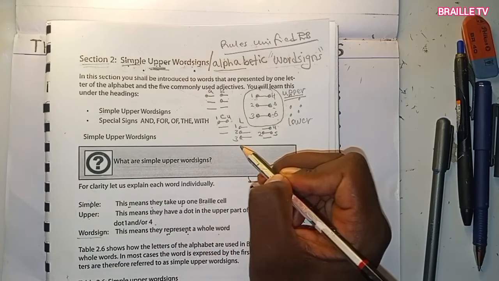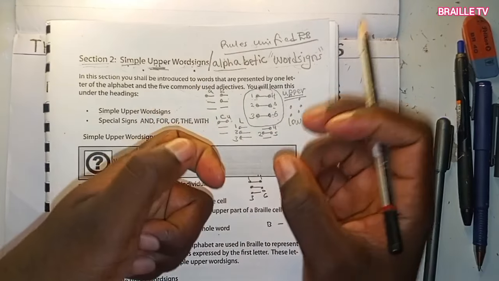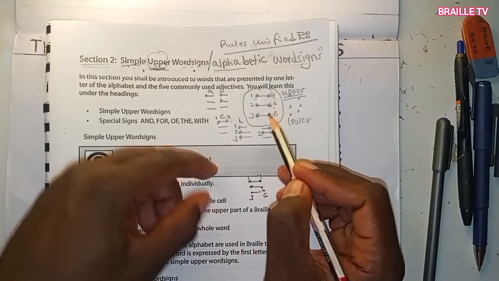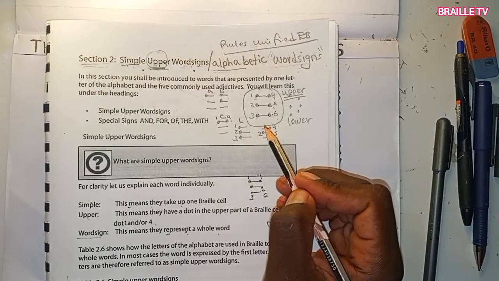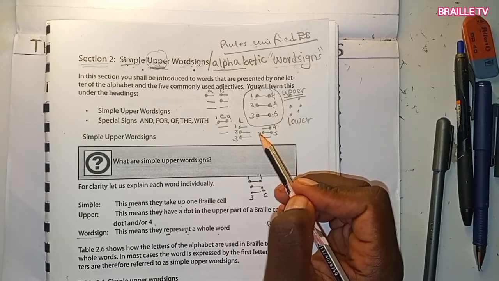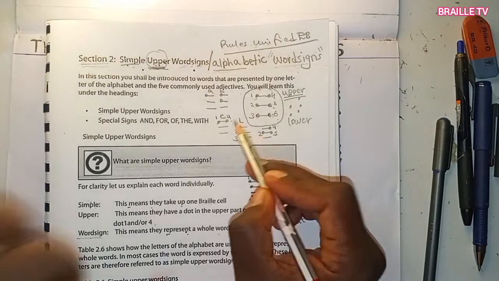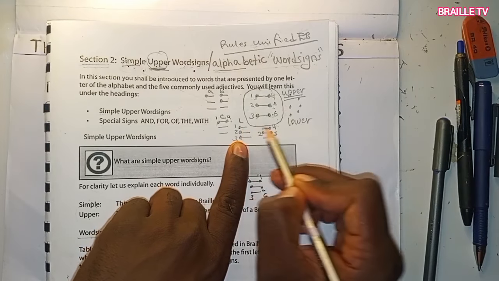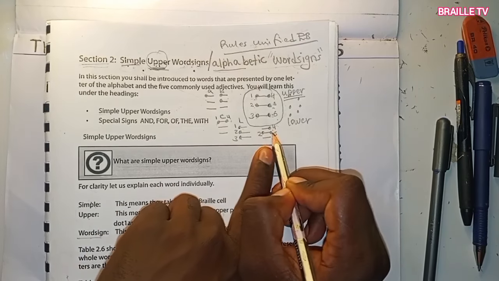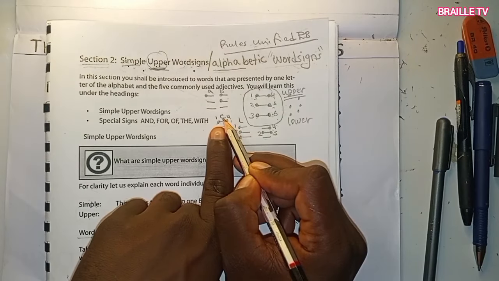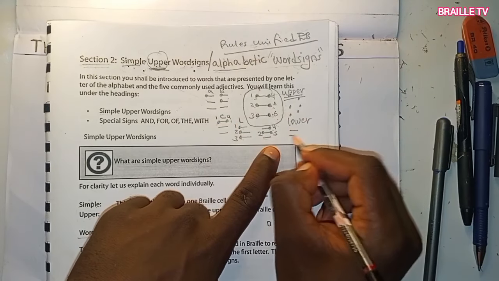So hereby we say these letters of the alphabet, they are upper because they have a dot in the upper part. All letters of the alphabet from A up to Z have a dot in the upper part. Either dot 1 like in L, or dot 4 like in J, or both dot 1 and dot 4 like in letter C.